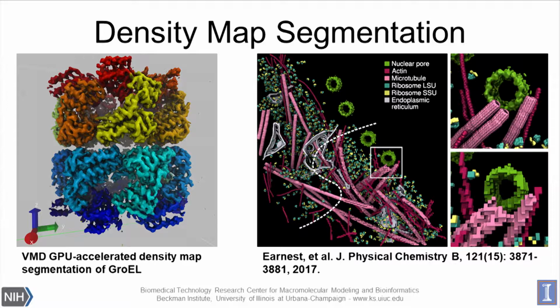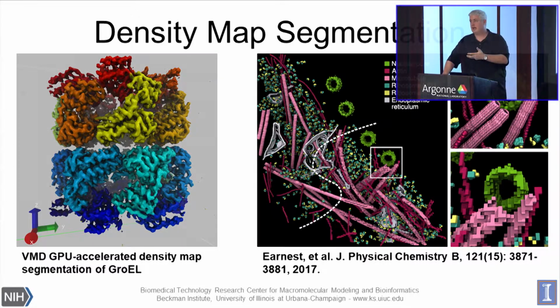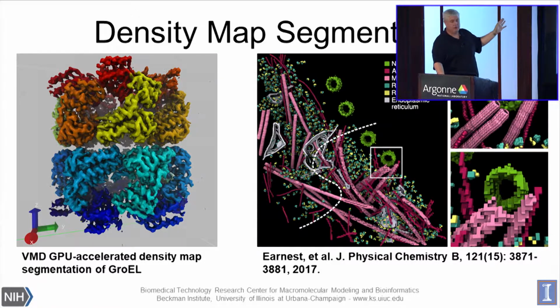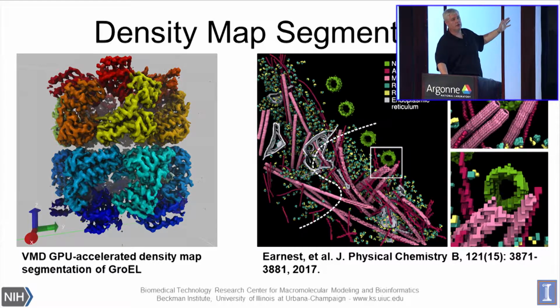So in the last couple minutes, I'll just summarize some of the other cool things that we've been doing. We've been accelerating density map segmentation. One of the challenges when you have an experimental image that contains a noisy density map, unlike atomic structures where it's very easy for us to write code that selects parts of the chemical structure according to their attributes, is that when your only attribute is some density value, it's difficult to disambiguate one part of the structure from the other.